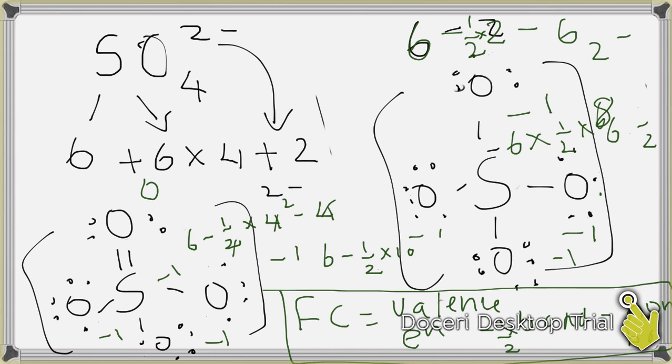So this one always has less. That's what I want to show you. When you can draw more than one Lewis structure for the same compound, the more stable structure is the structure with less formal charge.